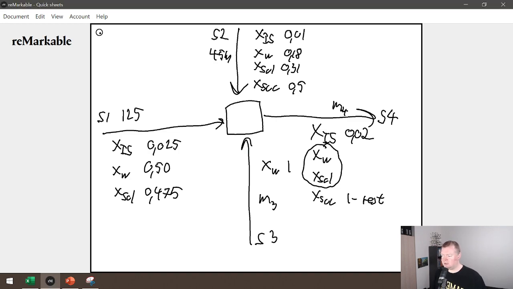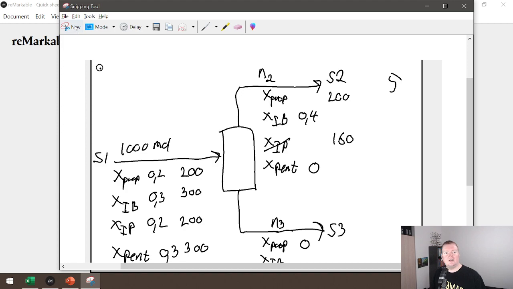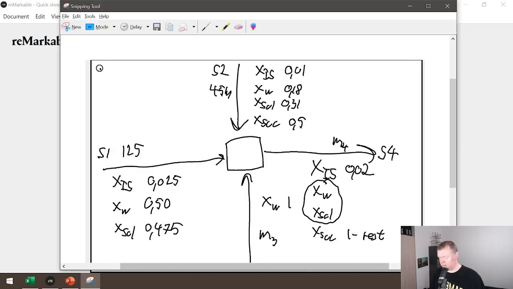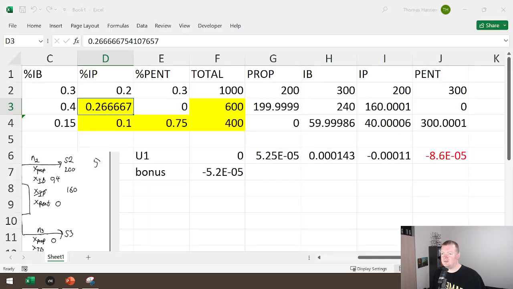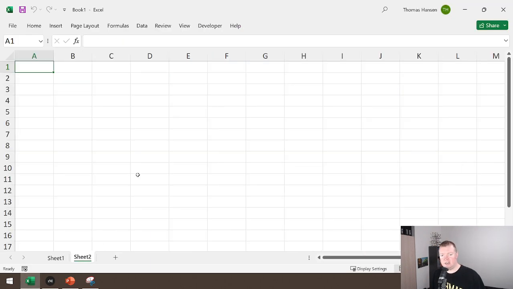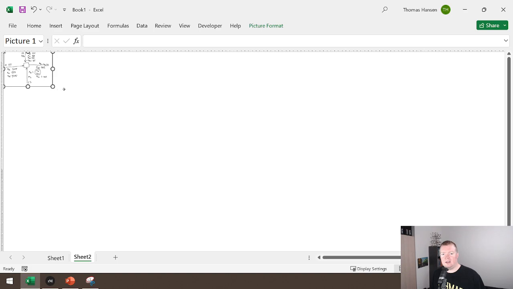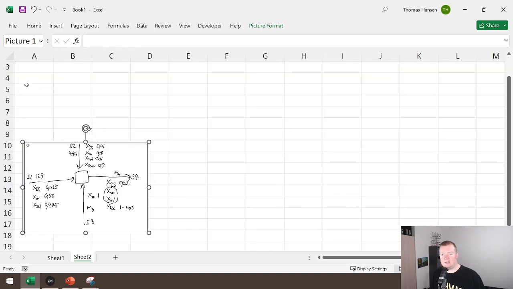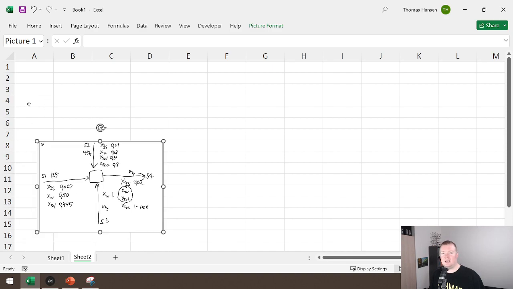Grab a screenshot. There we go. Jump to Excel, add a new sheet, and we are not that old that we can't see what's going on.